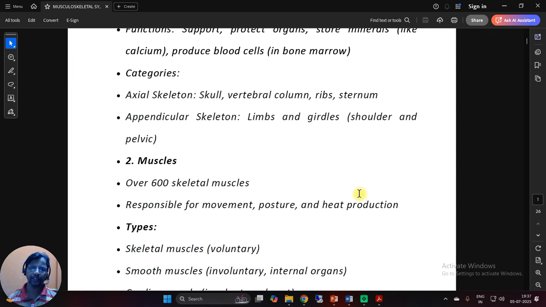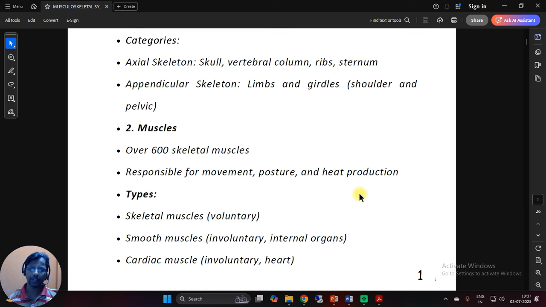Next we need to understand muscles. As we have discussed previously, the musculoskeletal system consists of muscles as well as bones. For an adult human being, about 600 skeletal muscles exist. What are the uses of muscles?